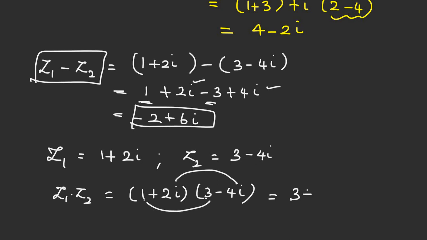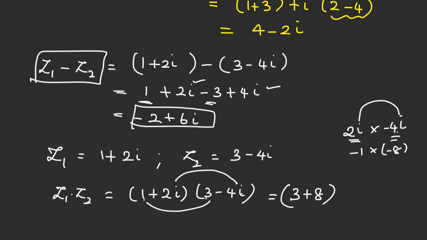So 2i into minus 4i gives me i squared, which is minus 1, into 2 into minus 4 gives me minus 8. So this gives me plus 8, the real part, plus i into, now multiplying the imaginary parts, i into 2i into 3 gives me 6, and the next number will be minus 4. This gives me 11 plus 2i.